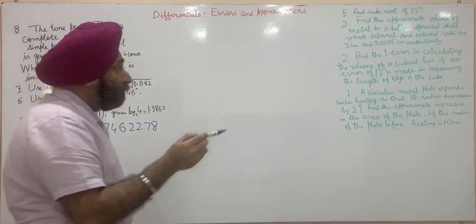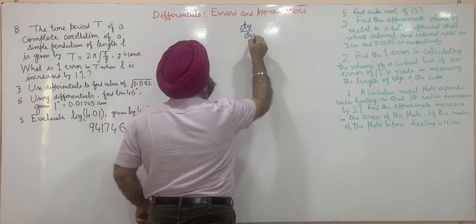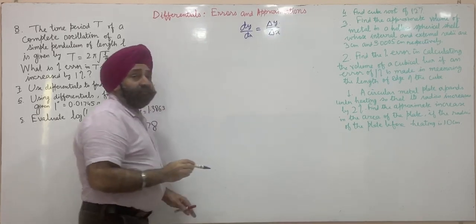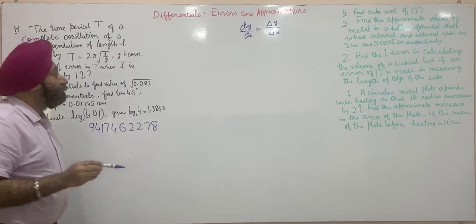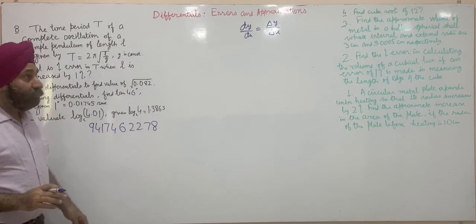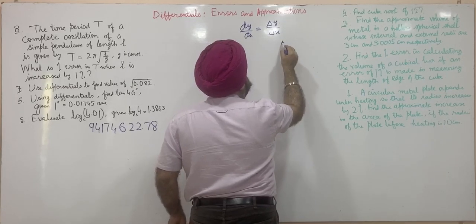In errors and approximations, this is the only formula which we use in every question. dy by dx is the derivative of y with respect to x. And what are dx, delta x and delta y?